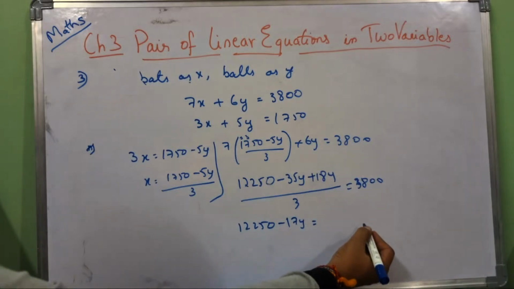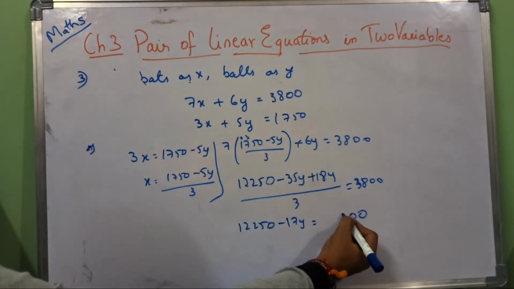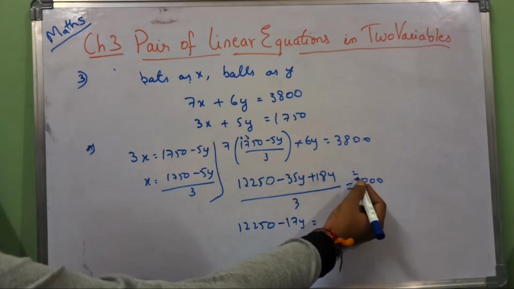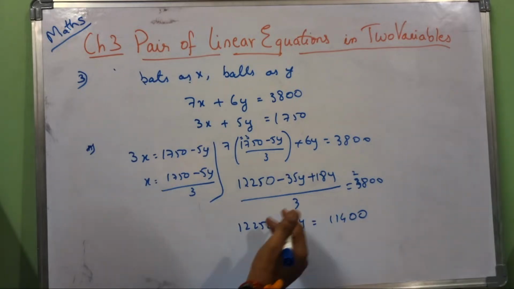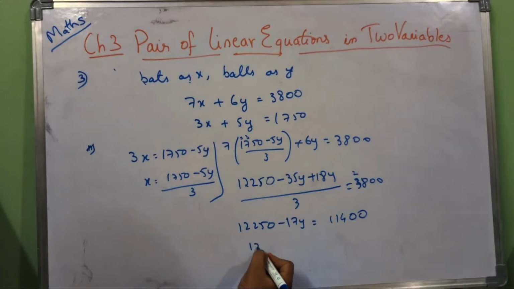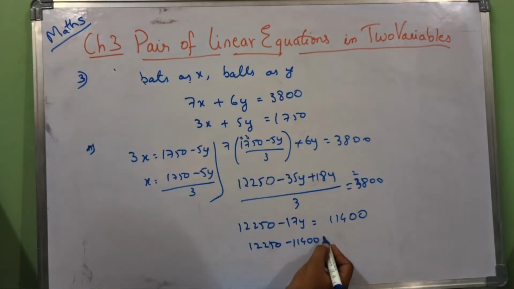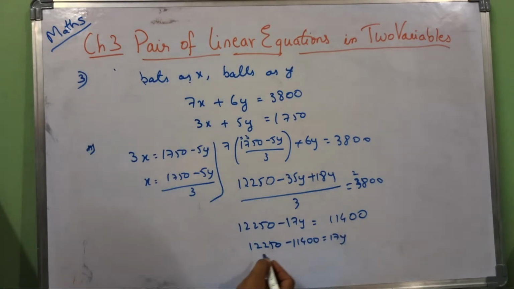If we multiply 3 to the right side, 3 8s are 24, 3 3s are 9, so 11400. So let's move the number to the right side and 17y to the other side. We will get 12250 minus 11400 is equal to 17y.